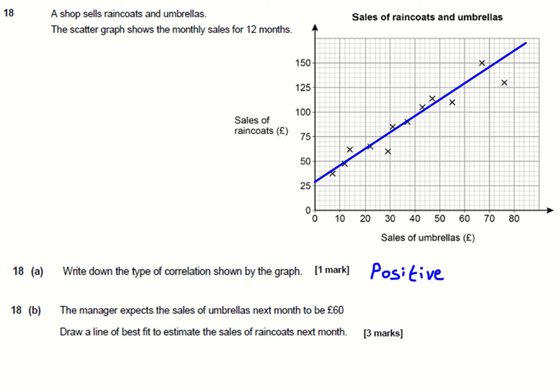So they give a range of values. For this, if we are using £60, we need to draw a line up from 60 for umbrellas until we hit the line, and then we go across and read off our values.